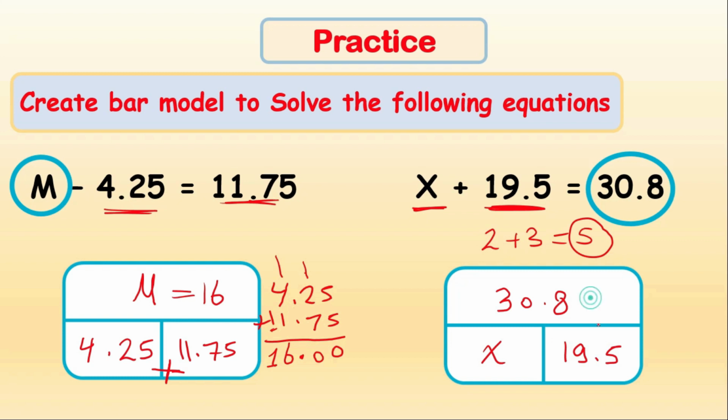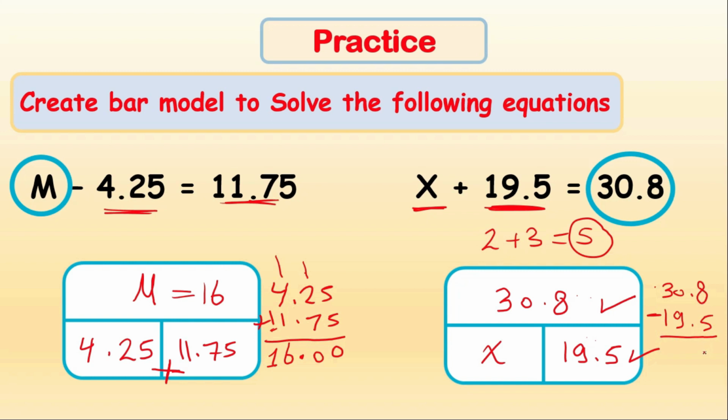The two numbers are up and down. Here we have 30.8 and 19.5. So we have to subtract 30.8 minus 19.5, starting from the right.